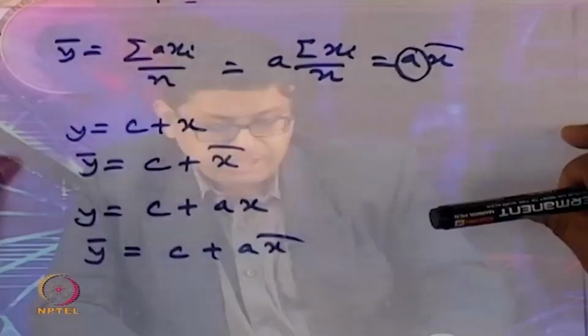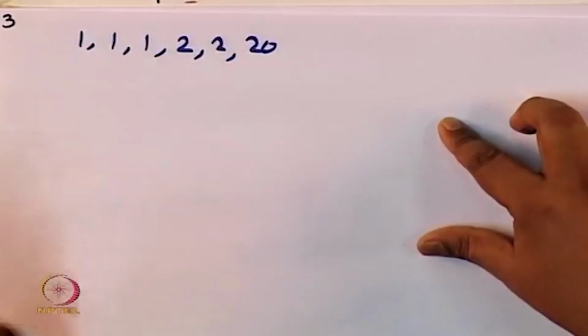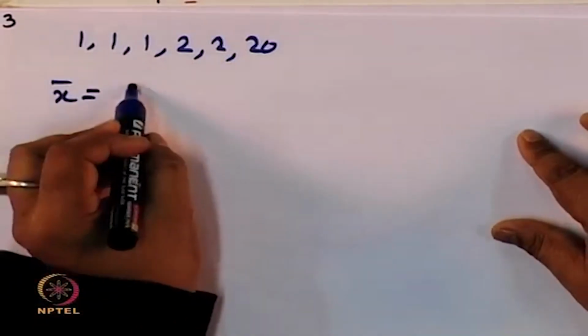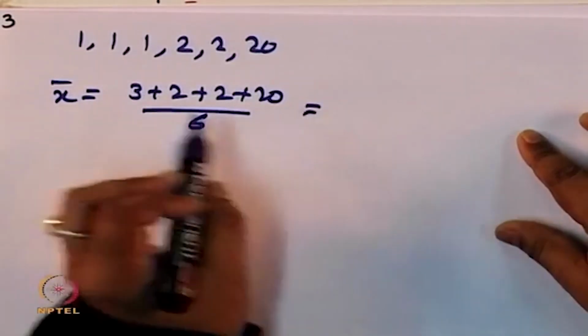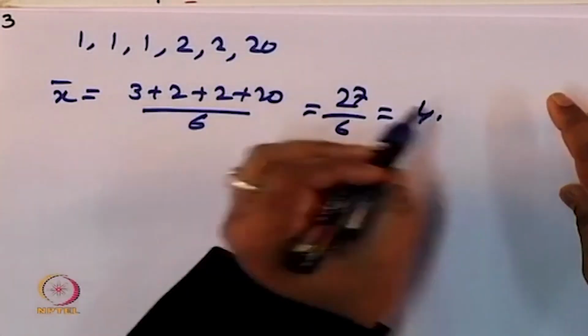Okay. So, this is arithmetic mean, and we found that one of the main caveats of the arithmetic mean is when you have a wide variation in your values. Let us just take one particular example. Let us say I have my values as 1, 1, 1, 2, 2, 20. So, I have 6 values, and my x bar is equal to 3 plus 2 plus 2 plus 20 by 6, so 27 by 6, which will be 4.5.